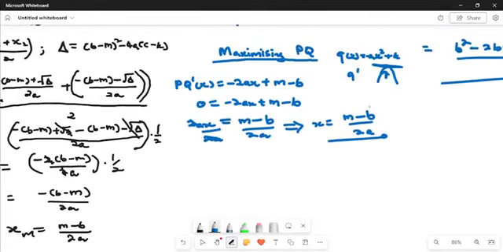We just need to substitute our x value into our original function. So we just need to substitute into our function PQ of x that value of x. Let me just call that x at m. So I'll substitute x at m into my original function.